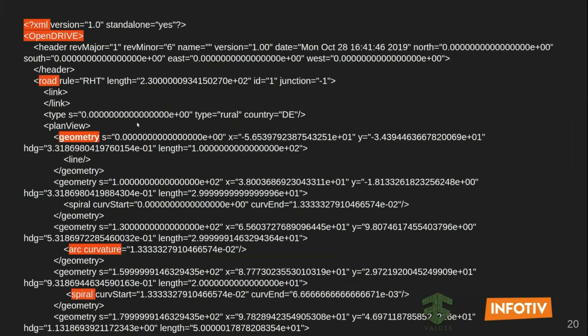If you open up an OpenDrive file, you see an XML file. Without going into detail, you can see that this OpenDrive file describes things based on simple geometric shapes like spirals and lines. So you can describe a road by composing these geometric shapes.